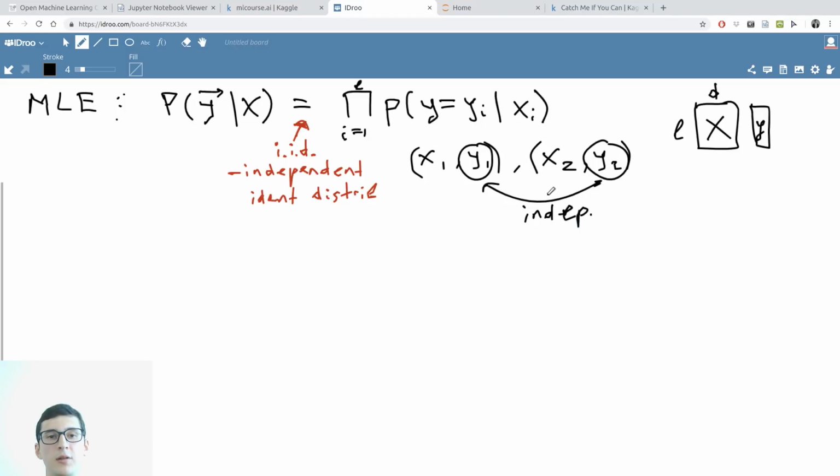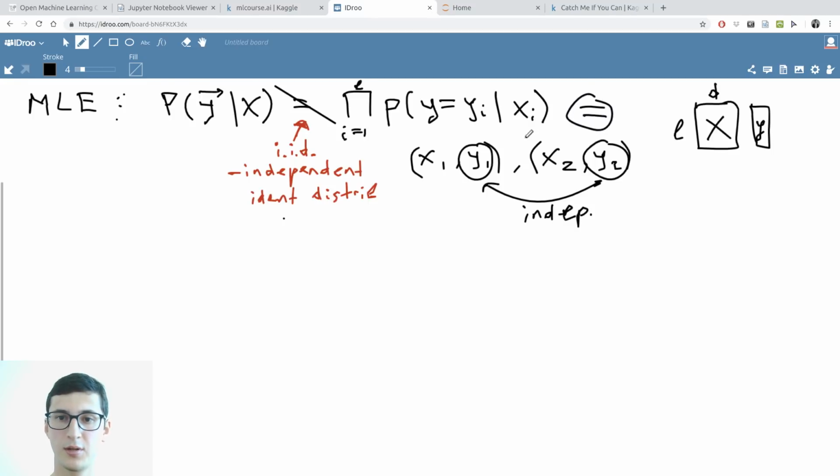And for independent random variables, we can apply the probability product rule. So in this case, observing the whole vector y will factorize into this big product of probabilities for each particular instance. And further, here we apply our model.